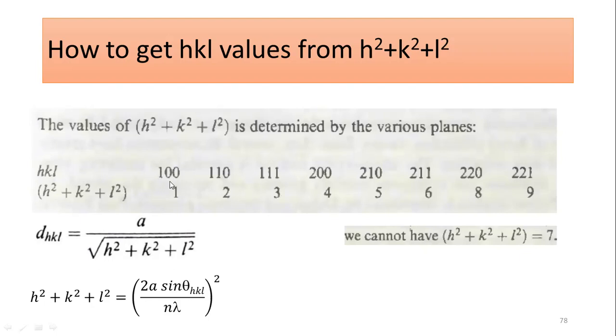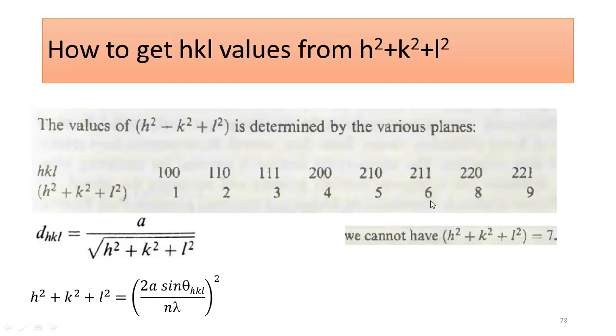So in all these planes you will get the value of 1. If your value is 2, this is the possible plane, because here 1 square plus 1 square plus 0 will give you the final answer of 2.